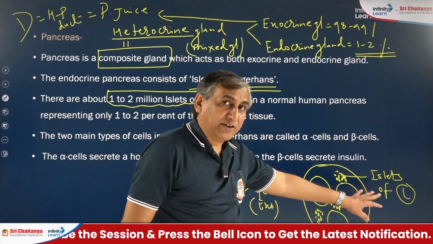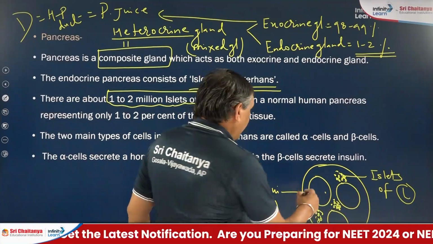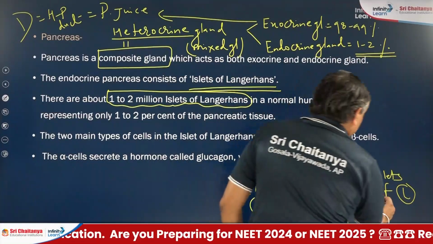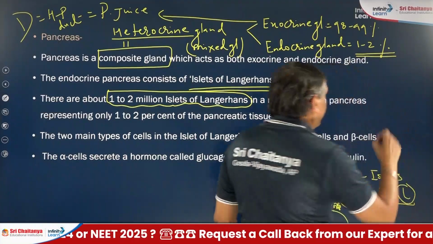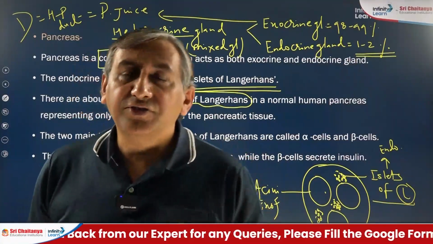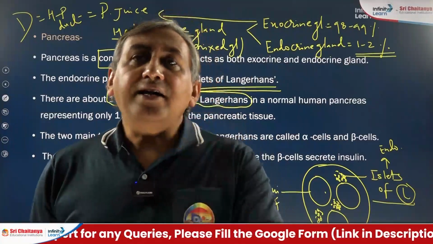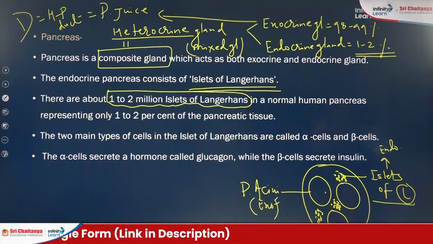Langerhans is the name of the scientist. They are present between the pancreatic acini. The pancreatic acini are the exocrine part, and the islets of Langerhans are the endocrine part, which is related to the synthesis and secretion of hormones. Keep this in mind.